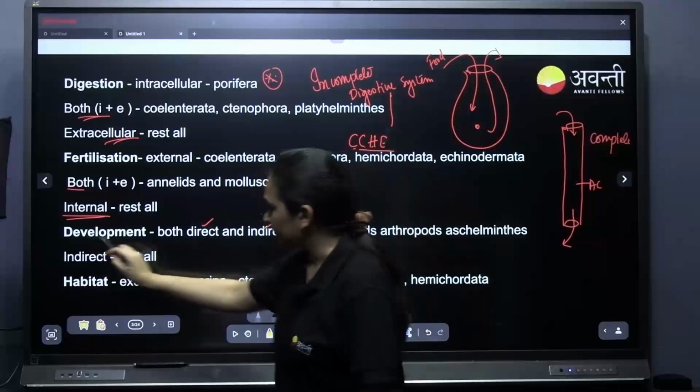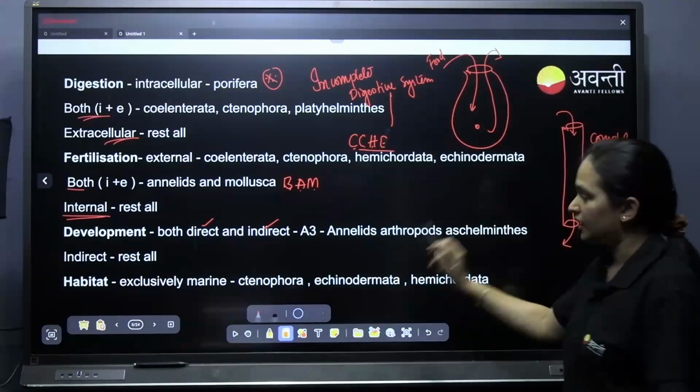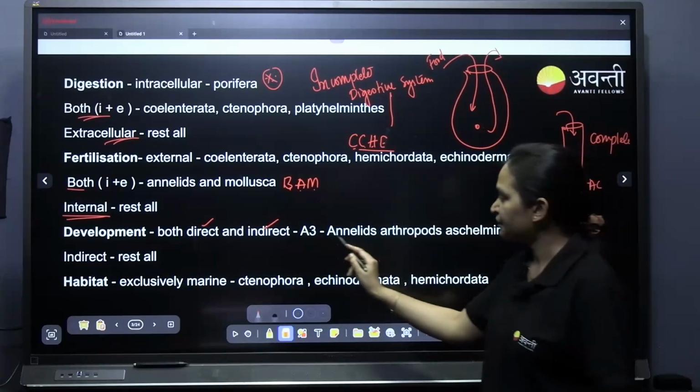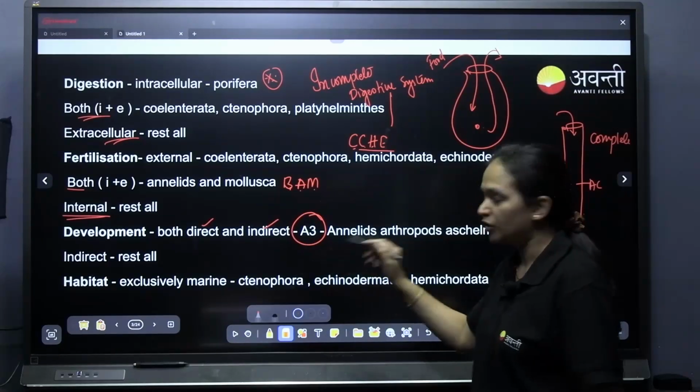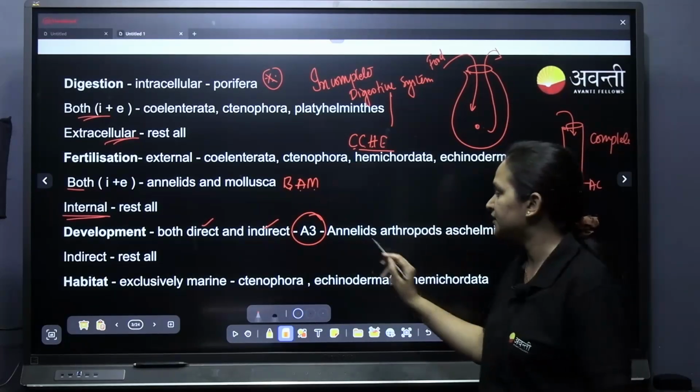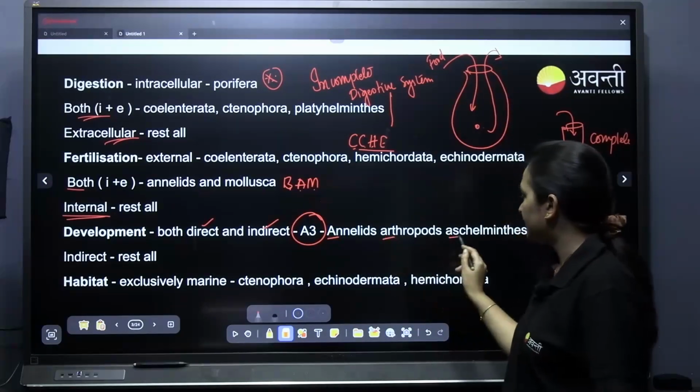So in development, both direct and indirect in non-chordates we can see in A3, all A's which are coming in the non-chordates, that is annelids, arthropods and aschelminths.